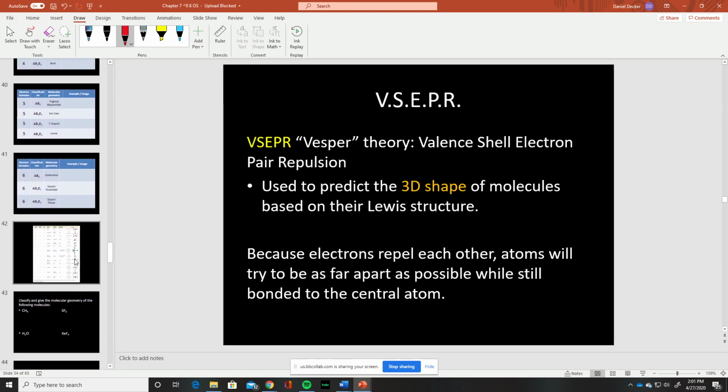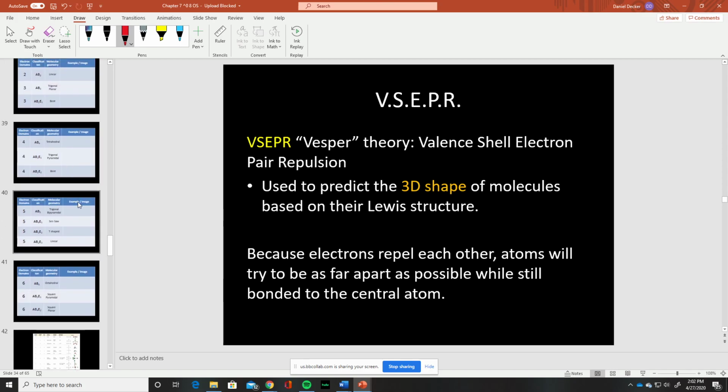I would say you have a molecule and it has this number of things bonded to the central atom and this number of lone pairs. What would be its electron geometry and or molecular geometry? So it's just giving you the values themselves. You would be expected to write down the names for each of those.